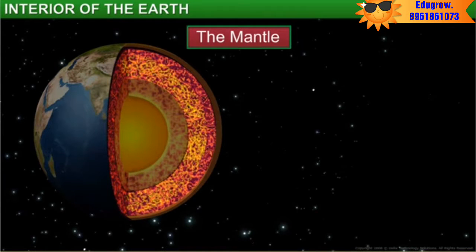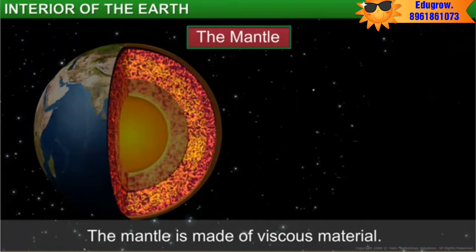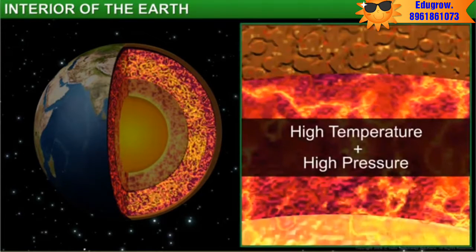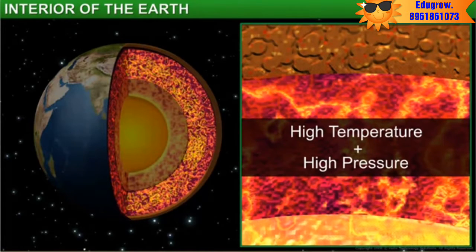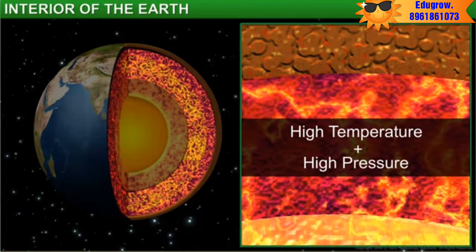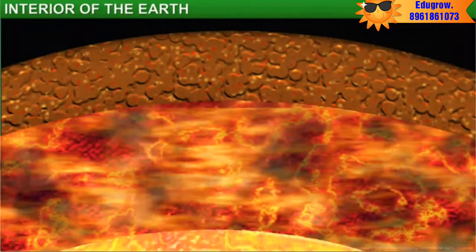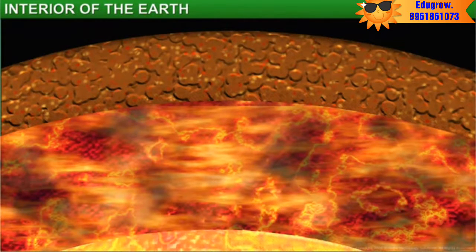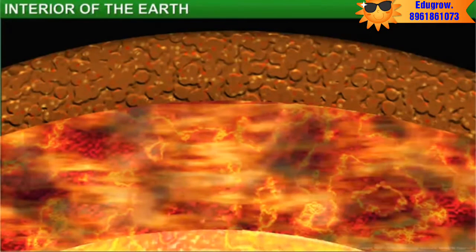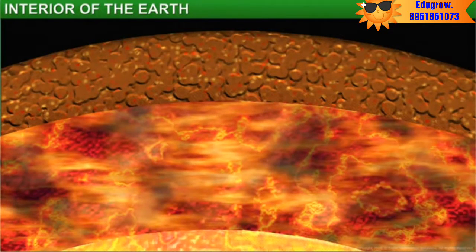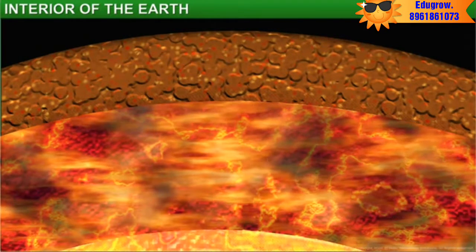It is made up of viscous material. The temperature and the pressure within the mantle are high, as it is located below the crust. That makes the material of the mantle very viscous, which means, although it is in liquid form, it does not flow freely.